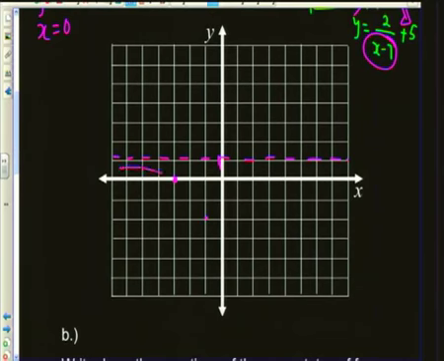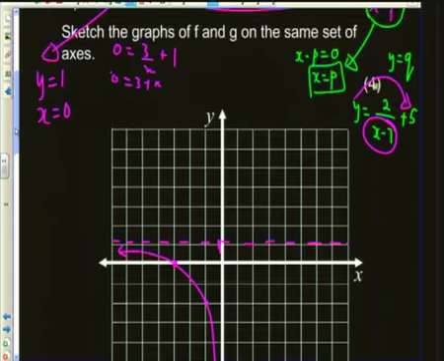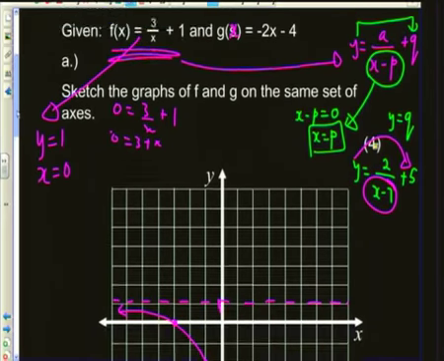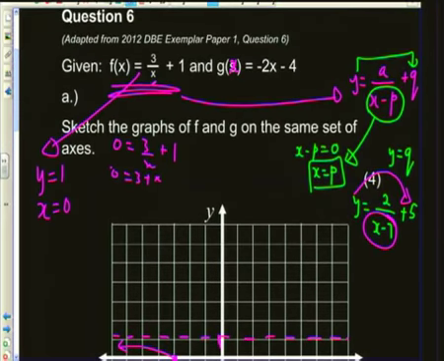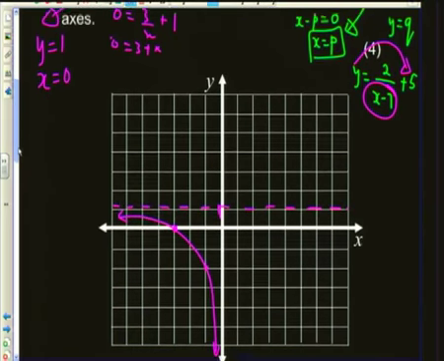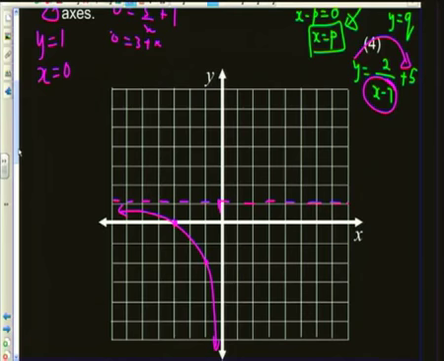Now, in your working area at home, you'll get something like this. On my left-hand side is the third quadrant. And on this other side, if I take x equals 1, substitute 1 here, I get 3 divided by 1, which is 3, plus 1, it's 4. So you've got 1 and 4.